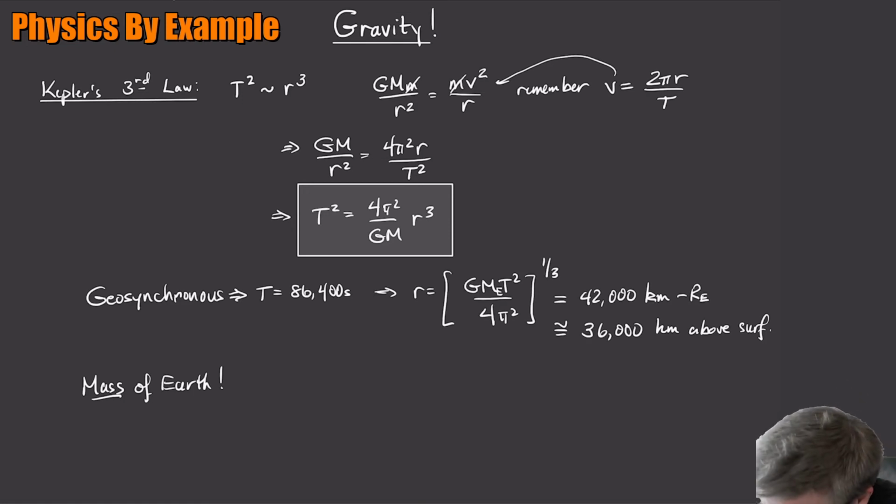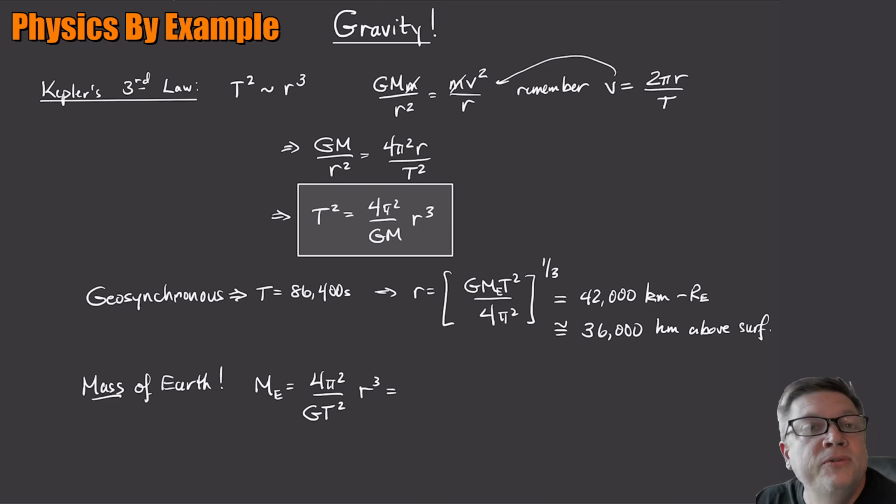Well, I can just solve for M. The mass of the Earth is just going to be 4 pi squared over G T squared, times R cubed.